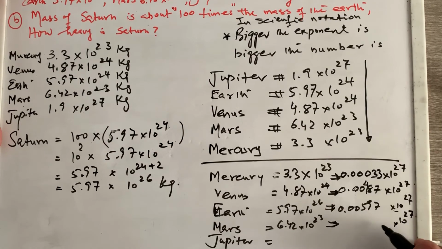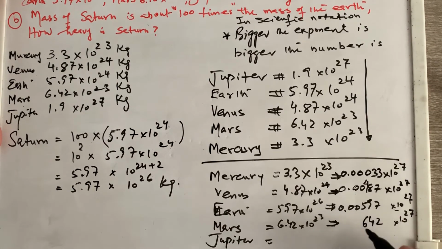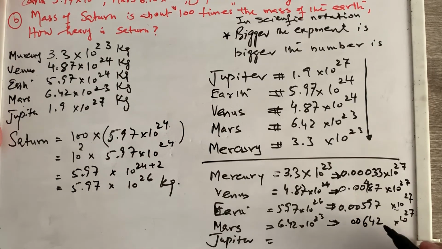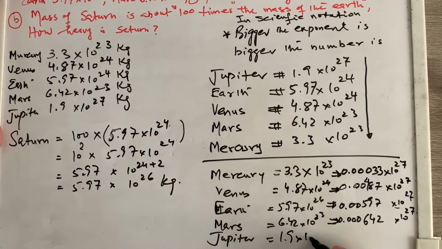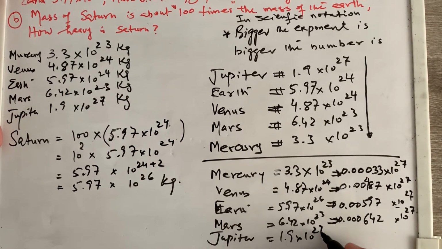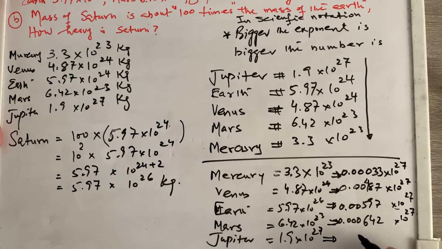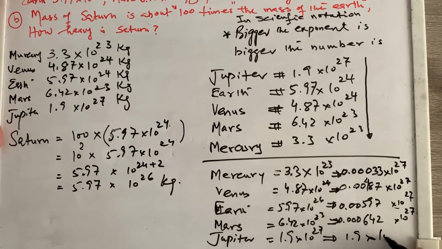I have to move the decimal 4 places, 1, 2, 3, 4, so it is 0.000642. Jupiter is 1.9 times 10 to the power 27, and if I write it as 27 it remains 1.9 times 10 to the power 27.